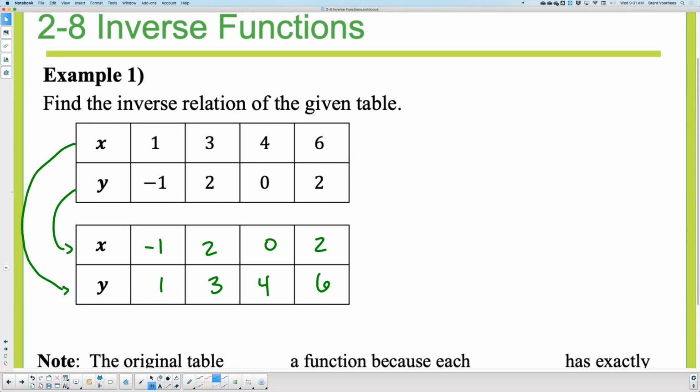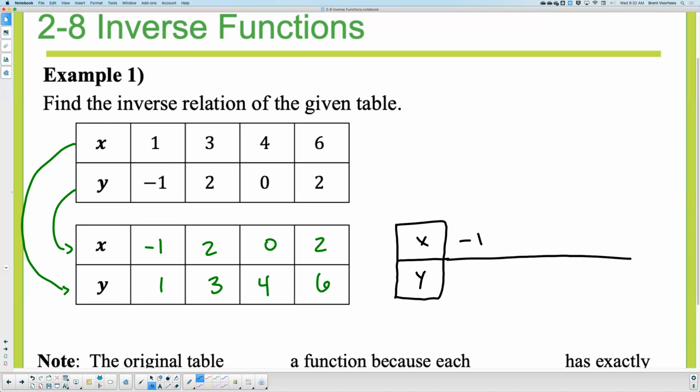Most times when I've seen tests, they change the order to make sure you know what you're doing and you're really paying attention. So let's put these in order: -1, 0, 2, 2. So -1 produces a 1, 0 produces a 4, and 2 produces a 3 and a 6. I'll just go 3 first, then 6.